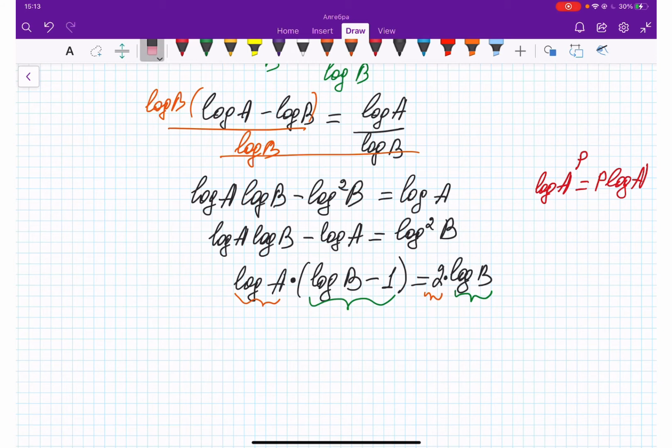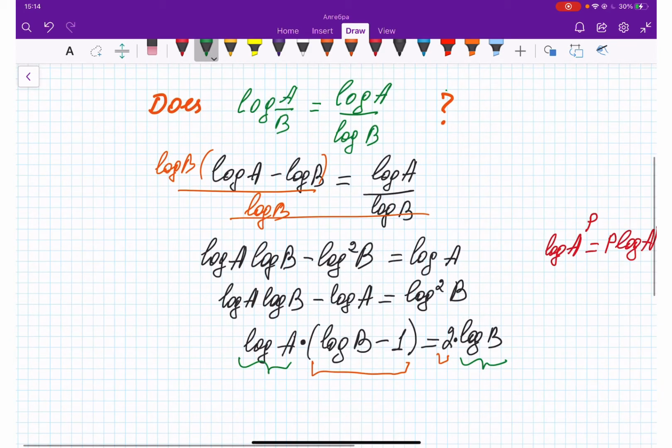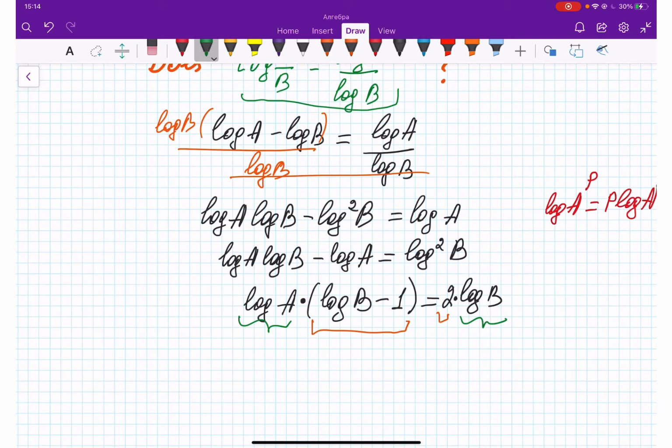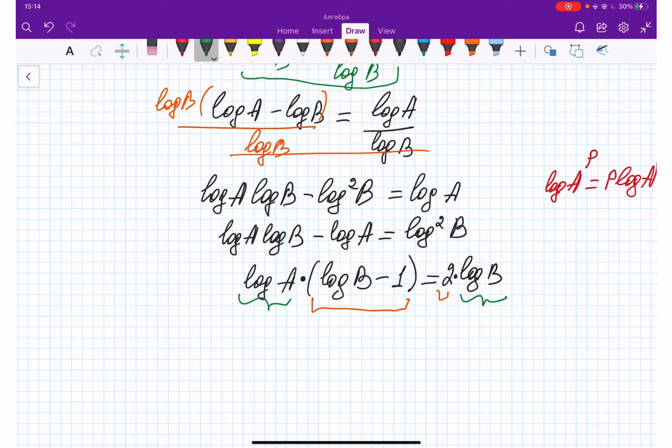Or if we take vice versa, say log b minus 1 equals 0, then my log a has to be equal to log b, which means that it loses the meaning of the original question, because I'm dividing by itself, and there is also going to be a requirement that log b minus 1 is not equal to 0, so it doesn't work practically. Which means it cannot be valid.